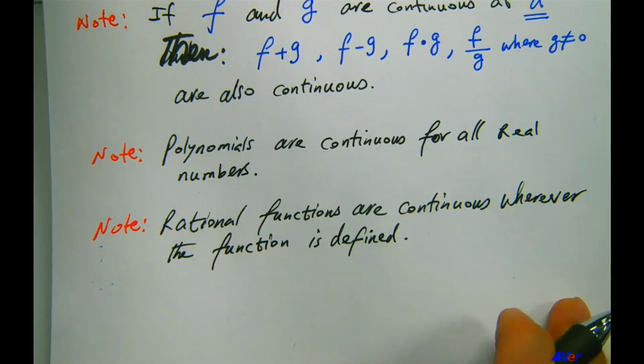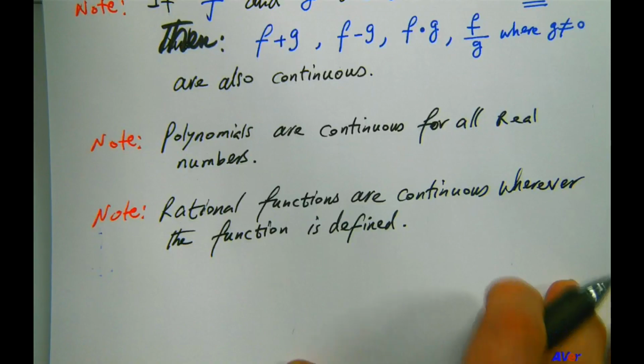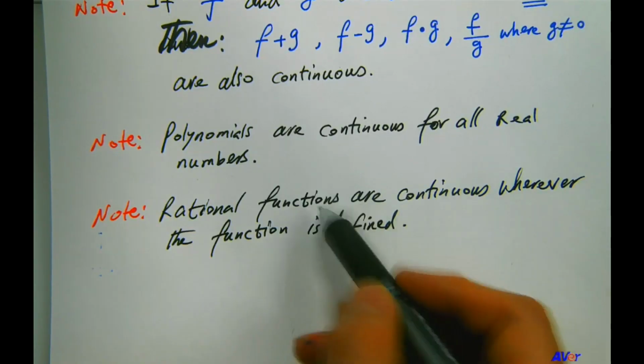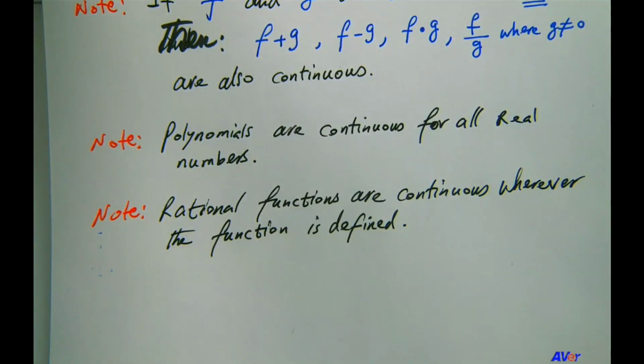Wherever the function is defined. Okay, so we do know that rational functions are undefined where the denominator is 0. So they're continuous wherever else except those points where the denominator is equal to 0.